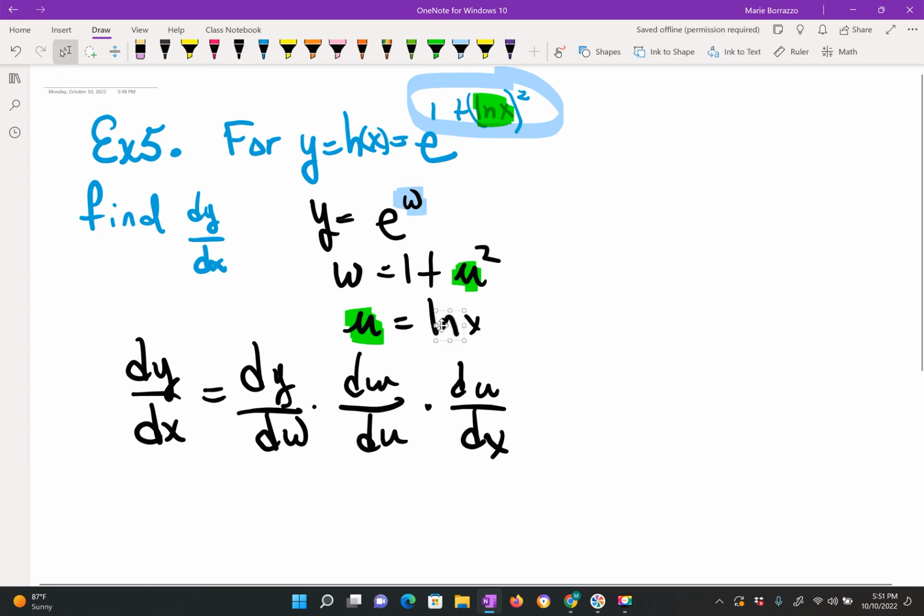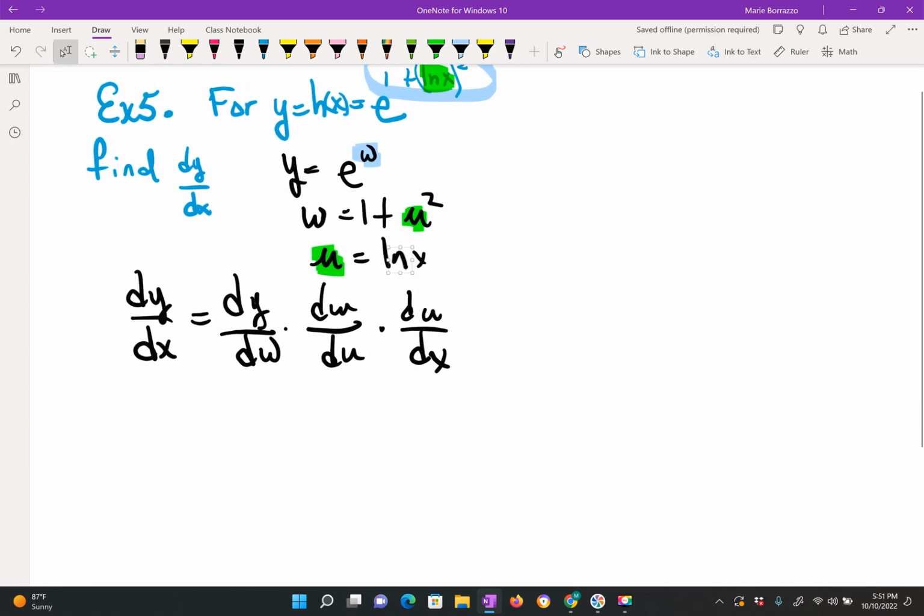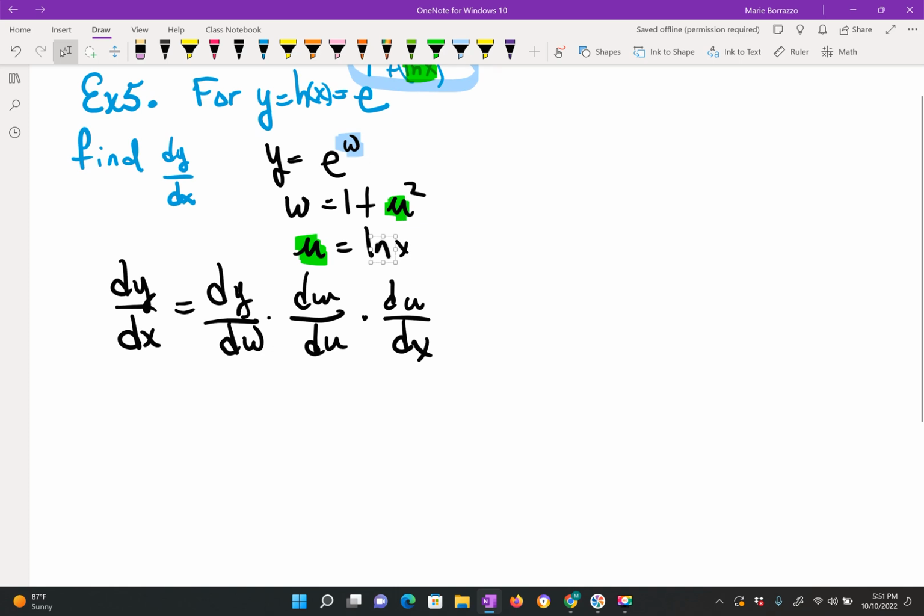Patiently follow me. It'll start to stick like glue. So this means that I have e^w times 2u times 1 over x, hence the derivative of natural log x.